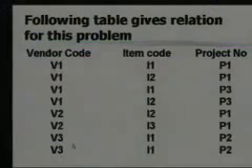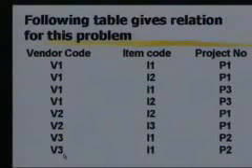There is no MVD existing in this relation either, therefore it is in 4NF. However, if I want to decompose this relation into two tables, what is the problem in this particular table? Once again, the same problem. If I want to represent the information that this vendor supplied this particular item, and he is not supplying that item to any of the projects, then this information cannot be represented in the table shown in the diagram.